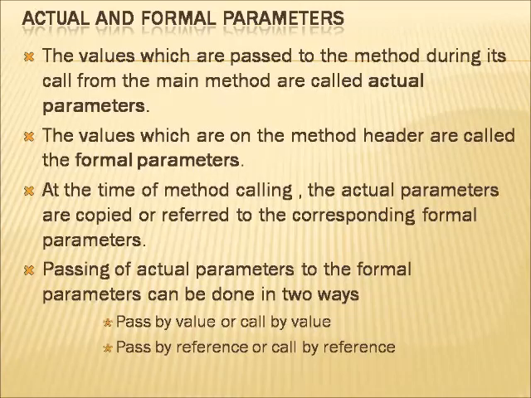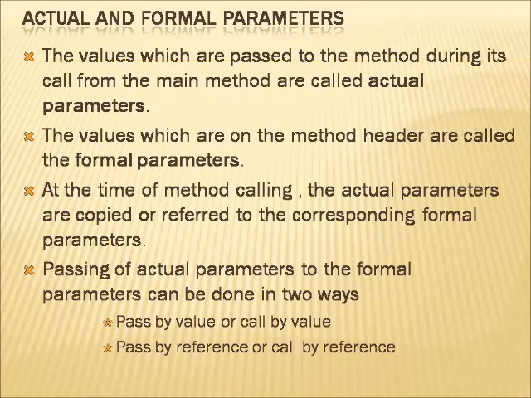Here you can see the details of actual and formal parameters. The values which are passed to the method during its call from the main method are called the actual parameters. Or shortly we can say, the parameters which appear in the function calling part, or the method invoking part, are called the actual parameters.